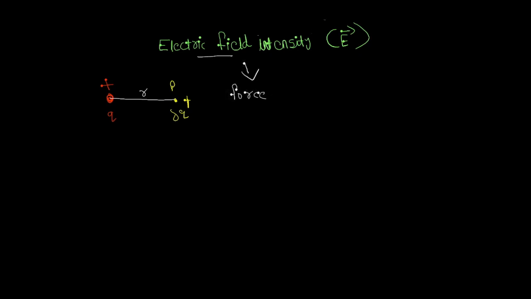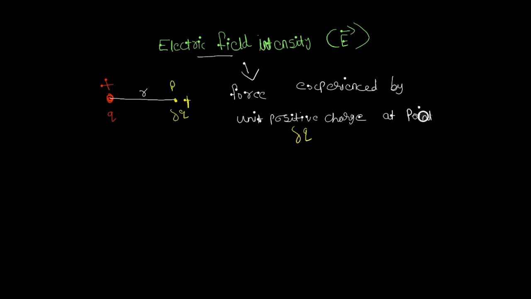It is the force experienced by a unit positive charge placed at point P. Here the unit positive charge is delta Q, delta Q placed at point P. This is the definition of electric field intensity.